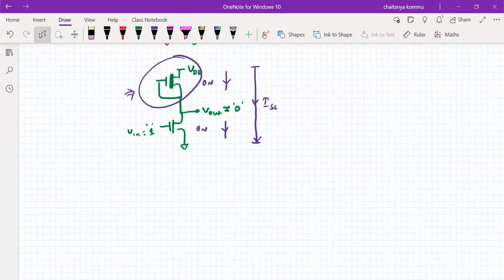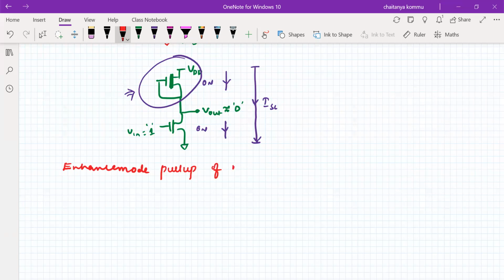Now we are going to look at the enhancement mode pull-up of an nMOS inverter.